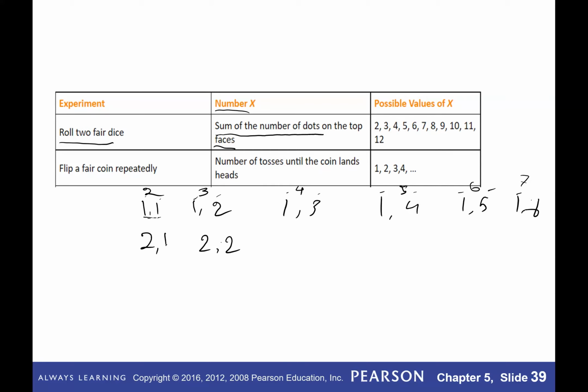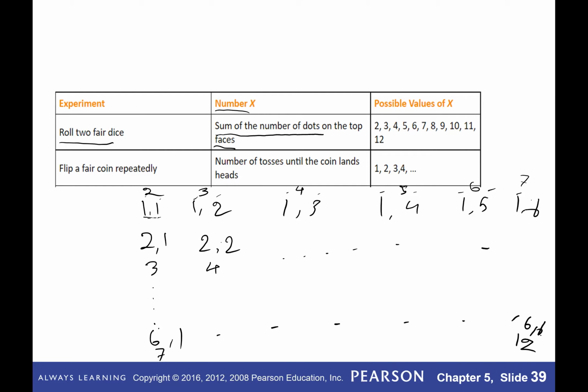Similarly 2 plus 1 is 3, 2 plus 2 is 4, and so on. We'll also have 6 1, so 6 plus 1 is 7, and the last outcome will be 6 6, which will be 12, if you add them together.